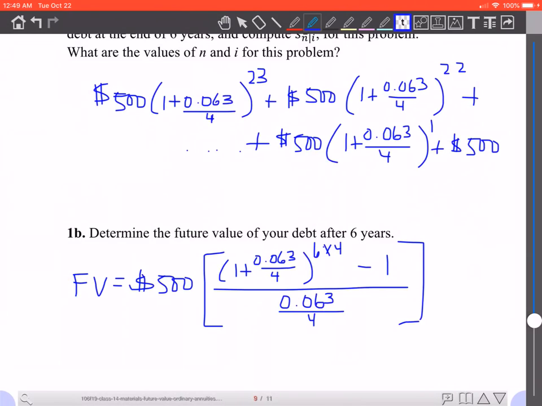So what is this future value? I'm just going to write out what this annuity factor is here. So 1 plus i to the 24th minus 1 should give a growth factor of about 28, almost 29.